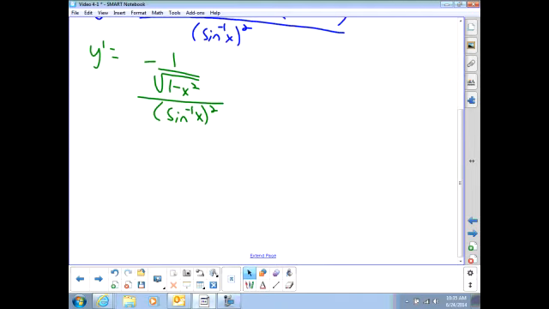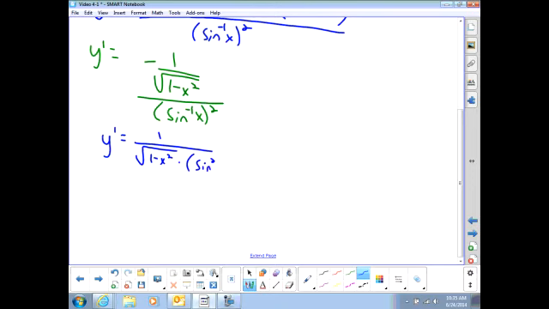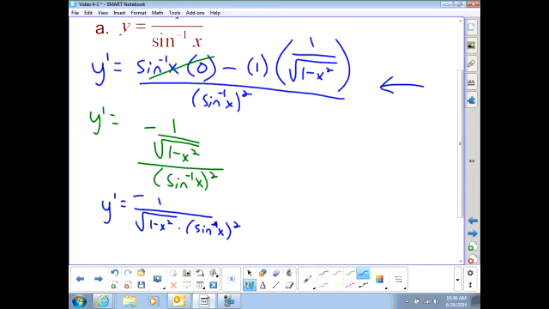And because dividing by sine inverse x squared is like multiplying by 1 over sine inverse x squared, this will really just simplify to negative 1 over square root of 1 minus x squared times sine inverse x squared. Okay, but again, you could have left it like our original up here if you wanted.